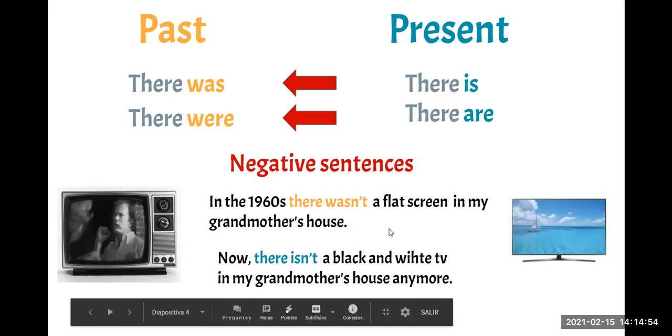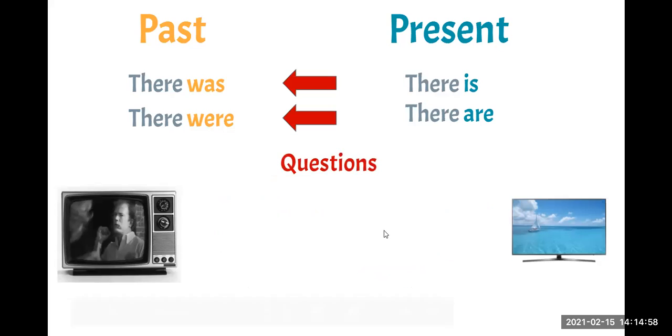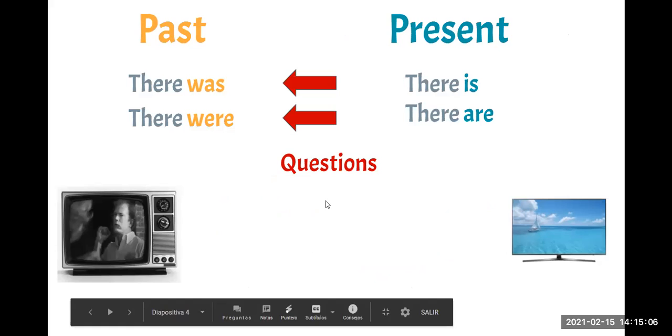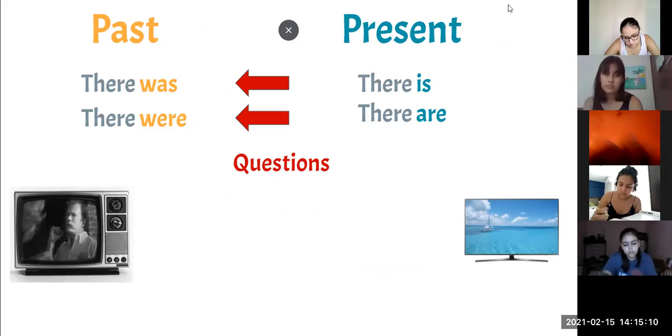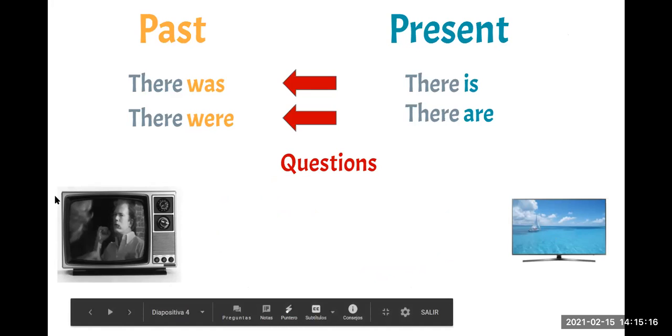What about the question form? We have the question form here. ¿Cómo podríamos hacer una pregunta? With there was. Was there? ¿Qué podríamos decir? Or was there? ¿Cómo podríamos completar la pregunta?